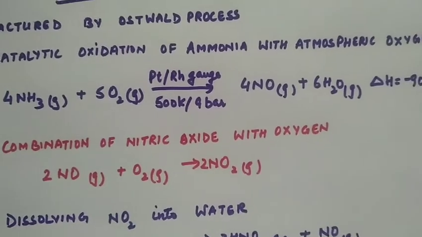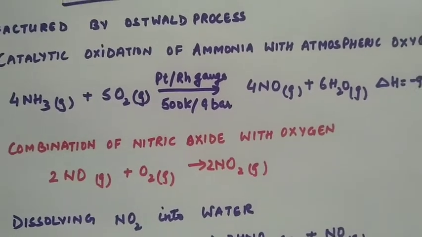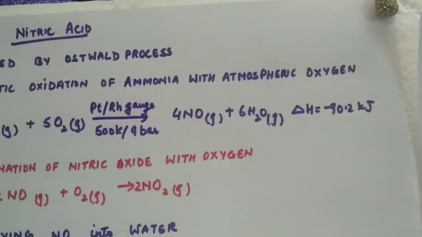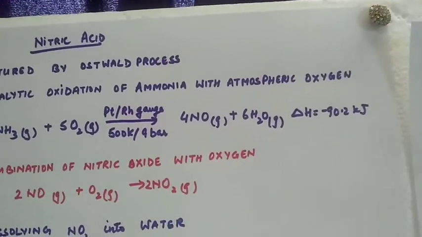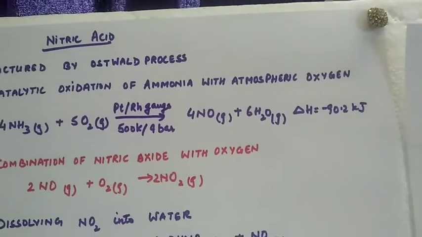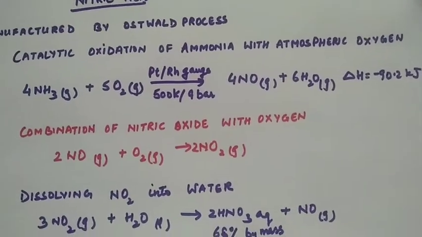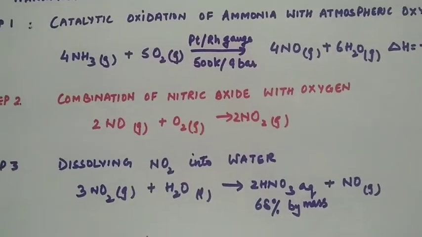The ammonia gets oxidized into nitric oxide and the reaction is exothermic. The heat generated in the reaction is sufficient to carry out the reaction once it is initiated.